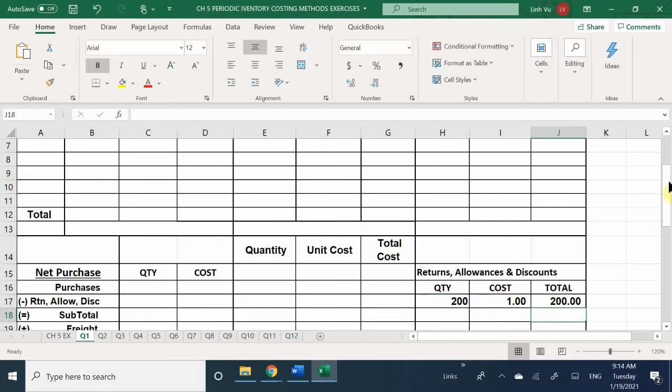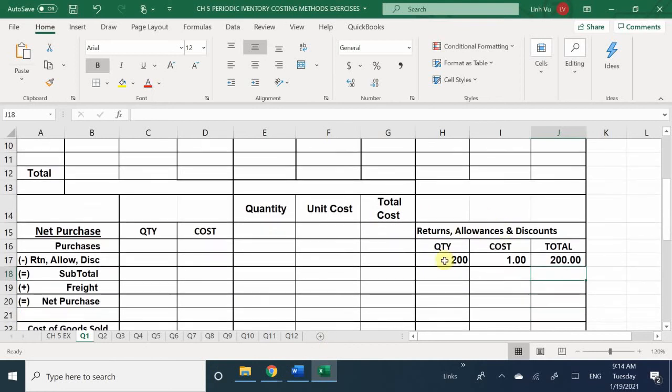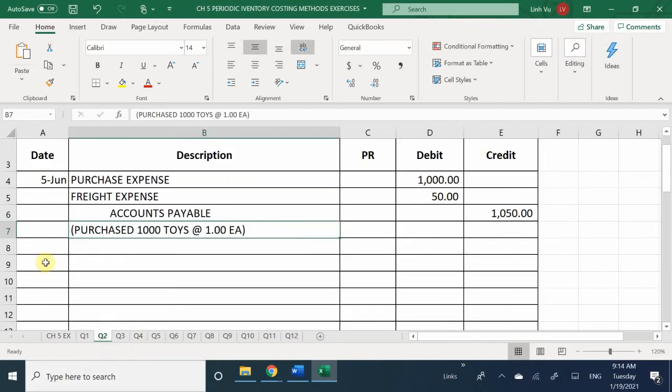Exactly. Now let's journalize this. Our returns: we returned 200 items at $1 each, costing me $200. So now that I come to my journal, what is actually going to happen here? How am I going to journalize this?